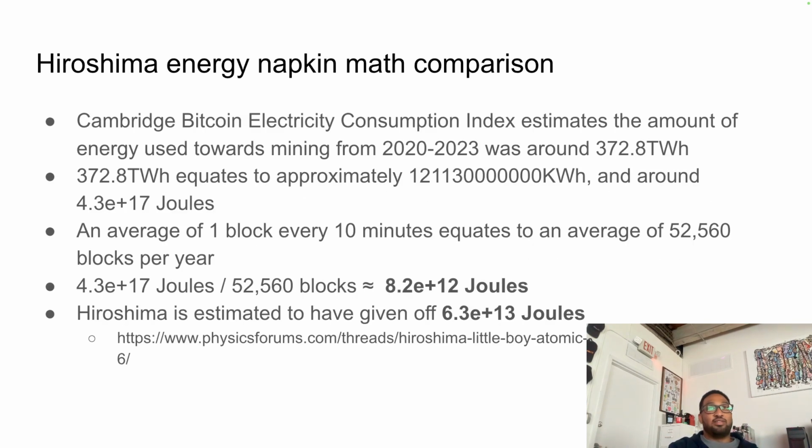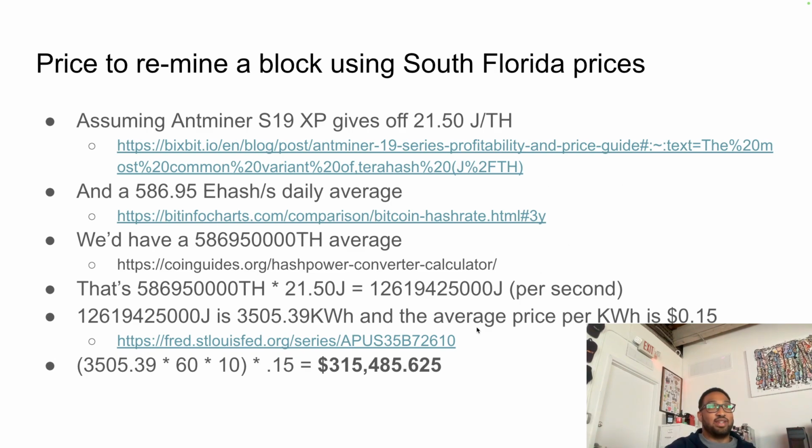Then I had these prices. All of this is kind of outdated because it was in a different price range for Bitcoin. I don't know the price at the time that I made this, but $315,485 was the amount that it took to mine a block with my energy prices back when I first tried to do this presentation, for my house.